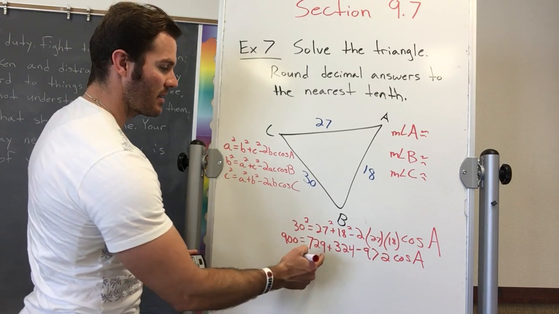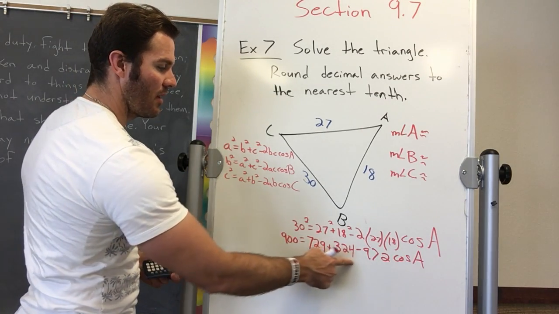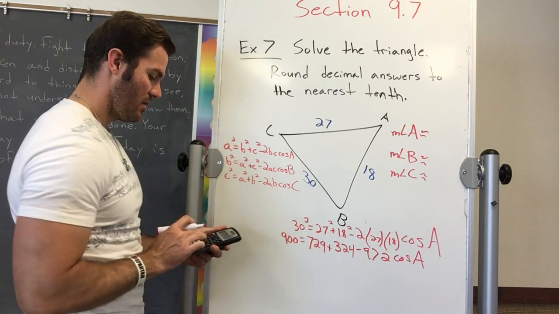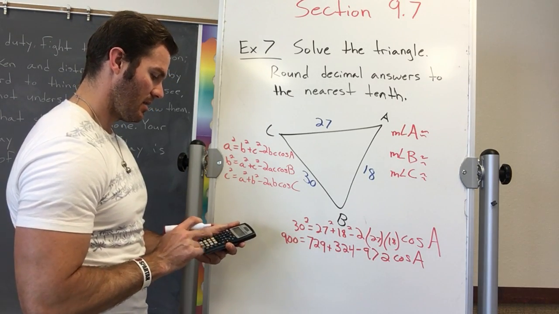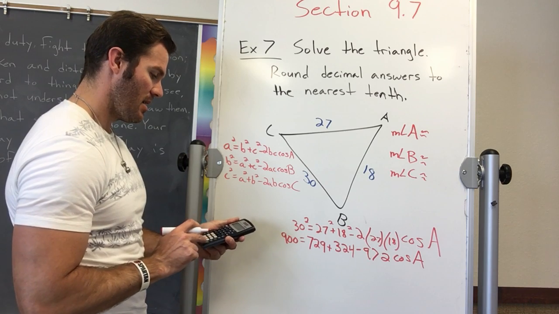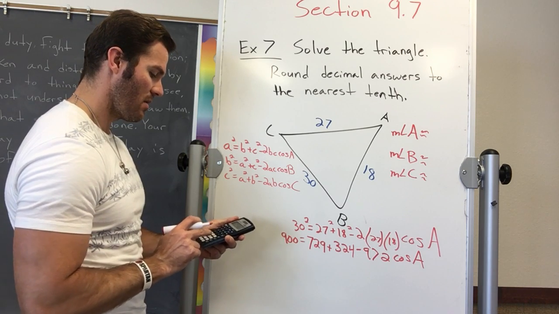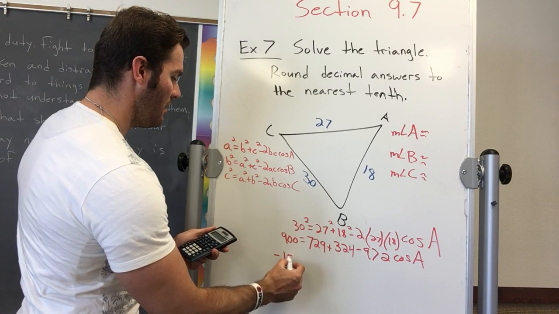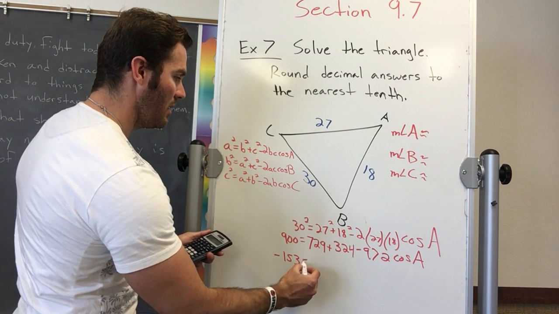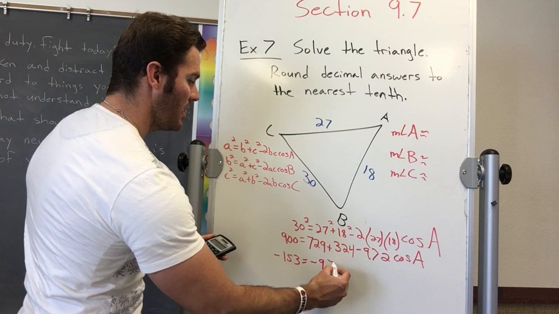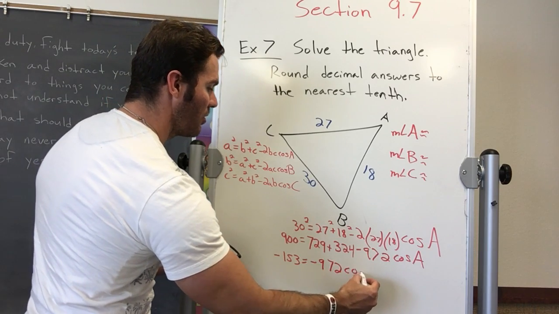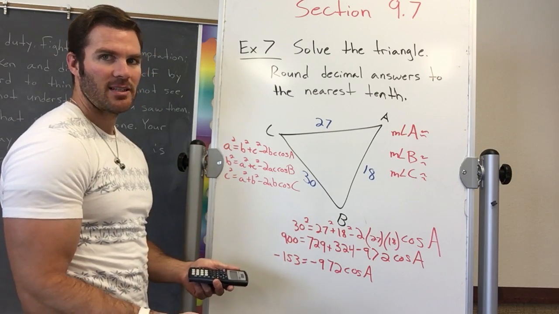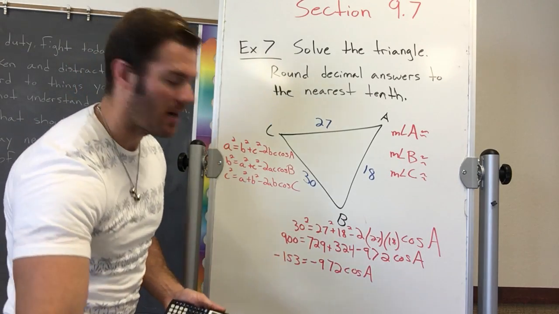So I'm going to subtract this whole thing on both sides. I get 900 minus 729 minus 324, and that gives me negative 153 equals negative 972 cosine A. Now I've got two negatives here. If I multiply both sides by -1, it's going to make them positive.